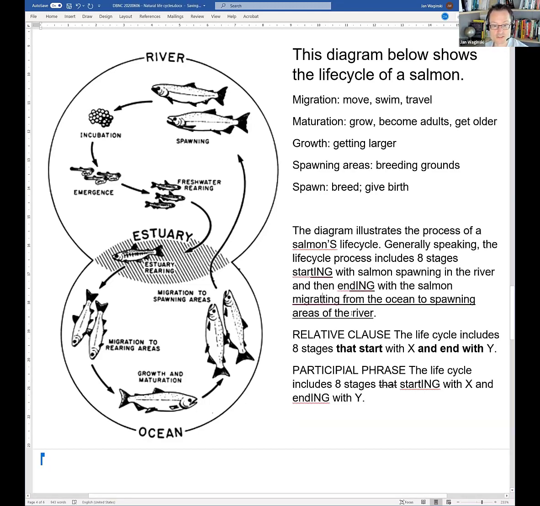Migrating has one T because it's a long A sound. The double consonant makes the vowel sound short. So if this had a double T, it would be pronounced differently. Migrate.